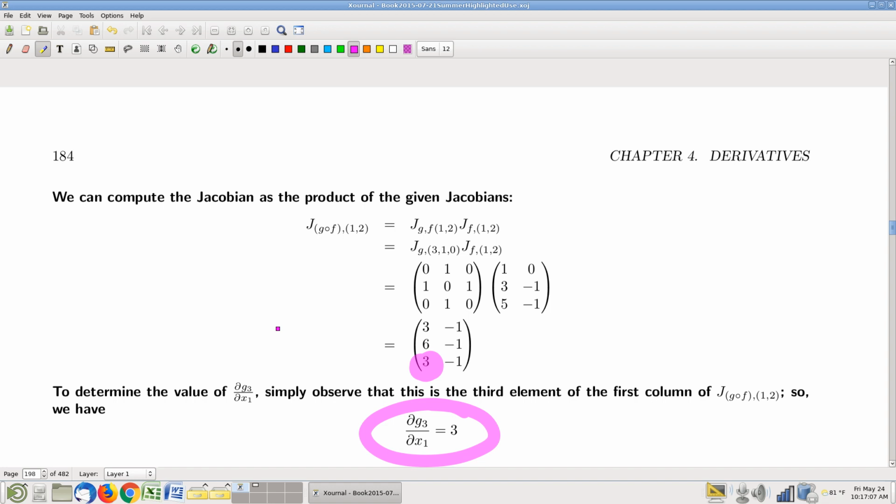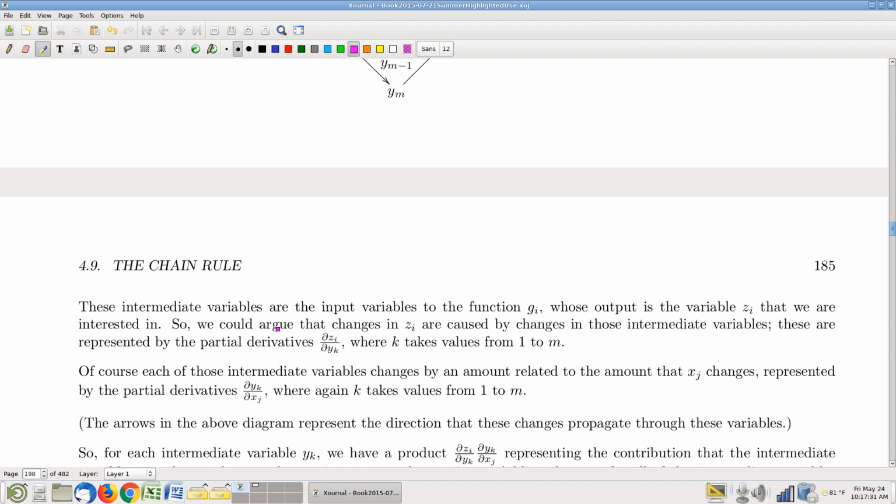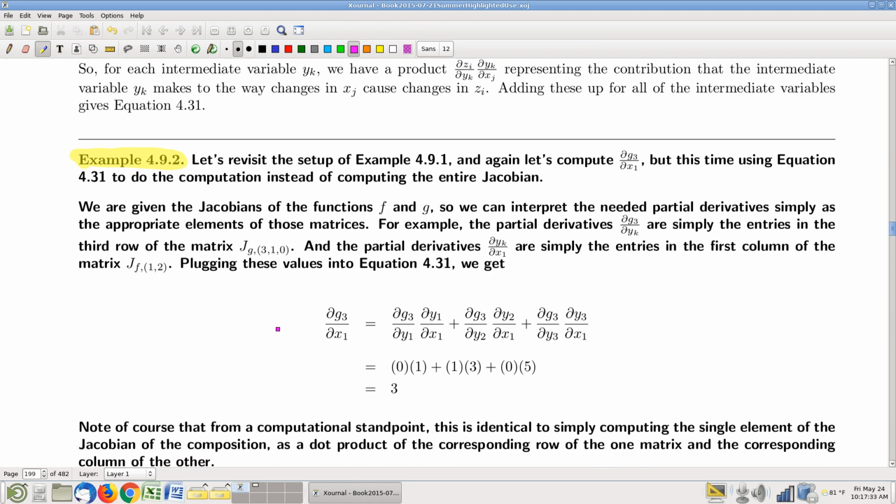But in order to get that, we had to have both Jacobians and multiply out the whole matrices, and there's a fair amount of arithmetic in that, most of which was irrelevant to this part of the problem. The fact that this number up here ends up being -1, so what? Right? That doesn't affect this. So let's take instead then this intermediate variables point of view.